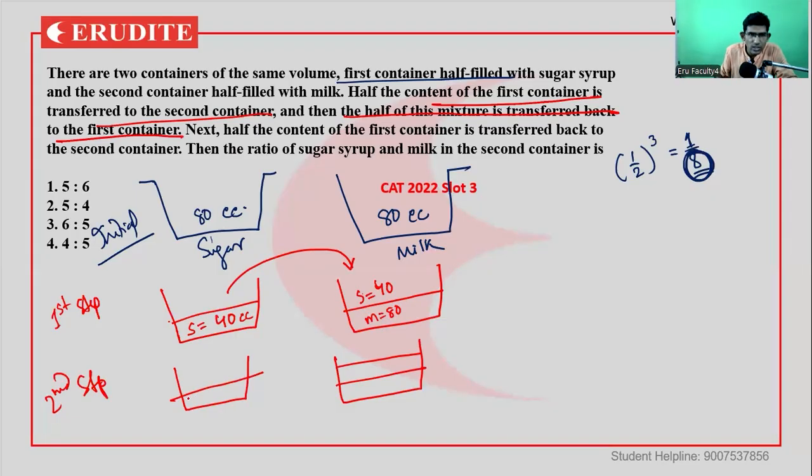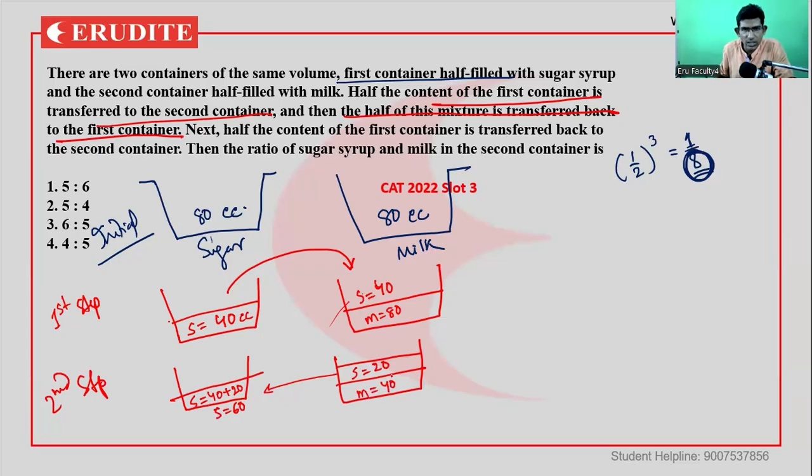So what will be the amount of sugar here? Sugar was 40. That means now sugar will be left as 20 here, so 20 will be shifted to the first. That means sugar will now become 40 plus 20, which is 60 here. And half of the milk will also be shifted.